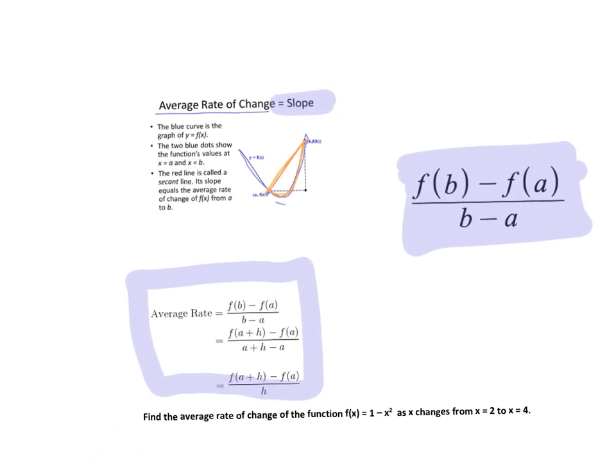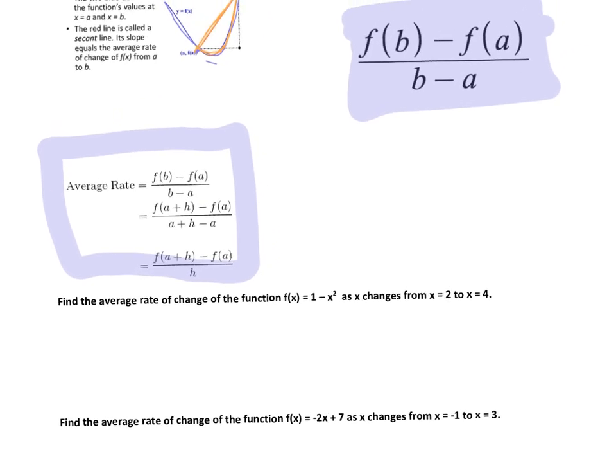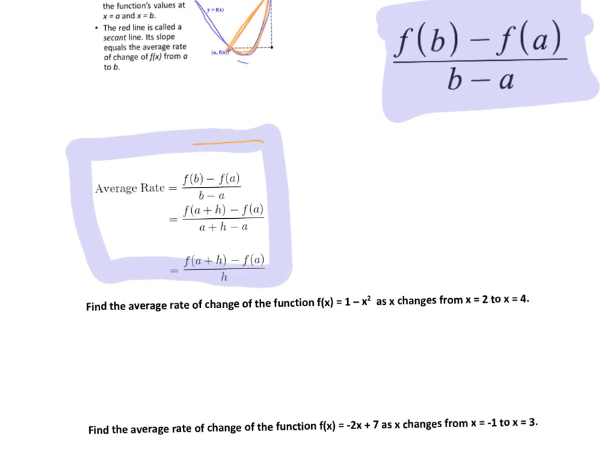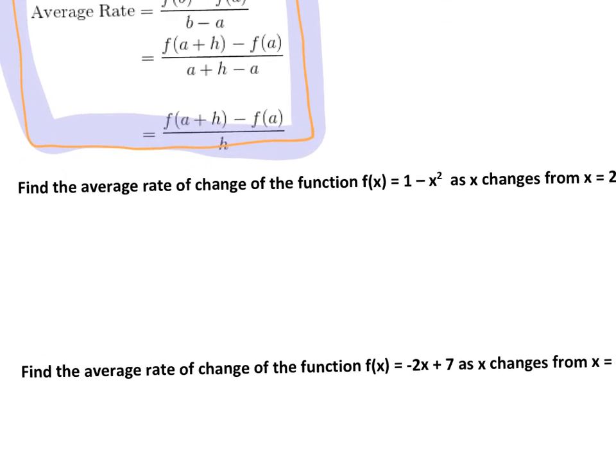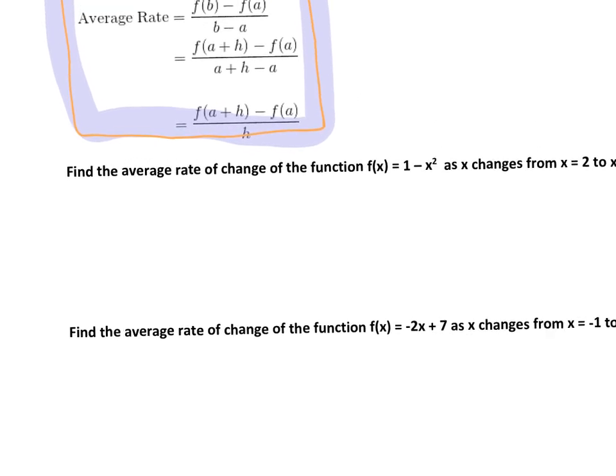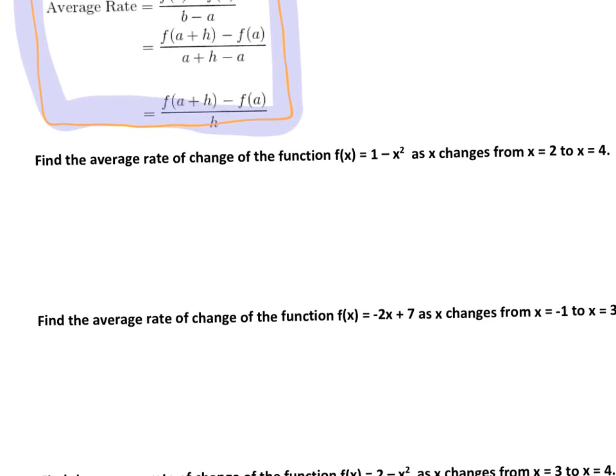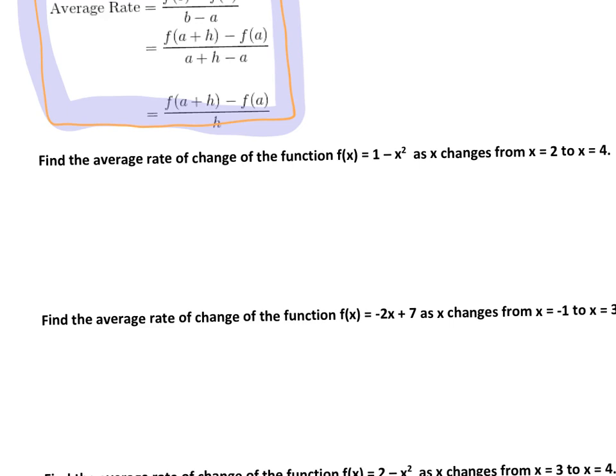All right, so let's see how we actually use this formula. This is kind of an extra format for times when we are not given actual values, if we're just plugging into a function. We may get to some examples of that, but primarily you're going to see examples similar to this, where it says, find the average rate of change of this function as x changes from x equals 2 to x equals 4. That's telling us we need to figure out what the corresponding y values are for each of these x values.